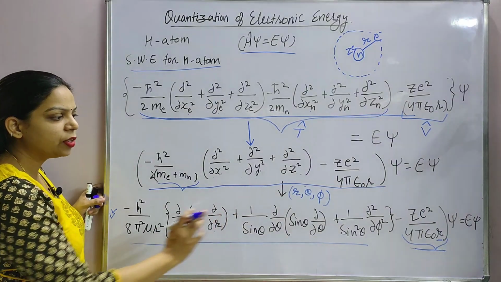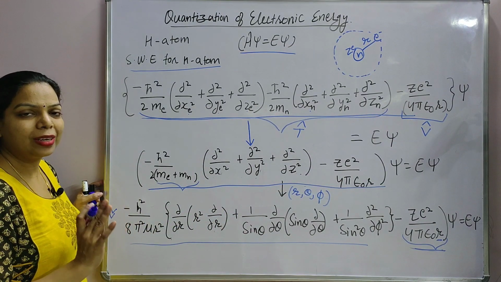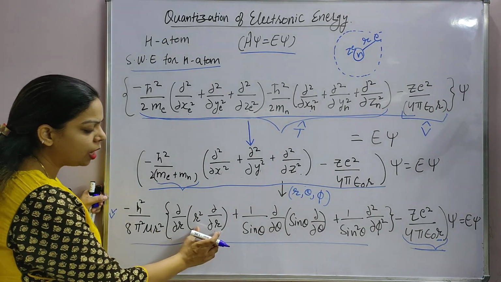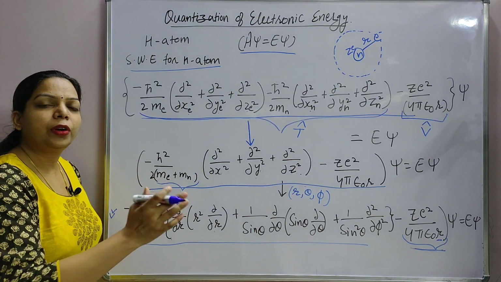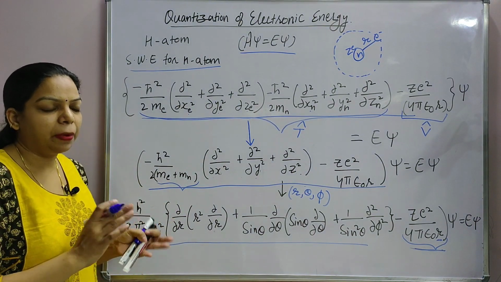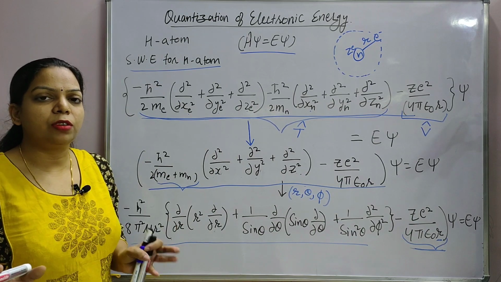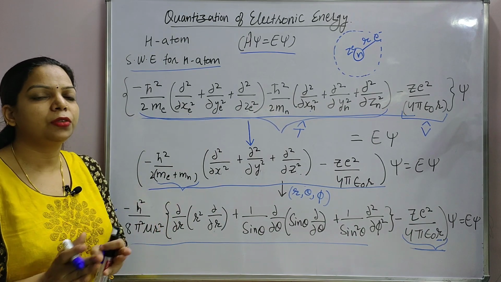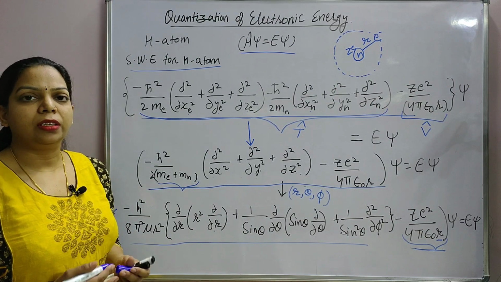After writing this equation, you must know the steps to separate the three variables r, theta and phi into different equations. After separating them, we will solve three different equations and get three solutions. After combining those r, theta, phi solutions, we will get a complete solution for psi. So let's do that.